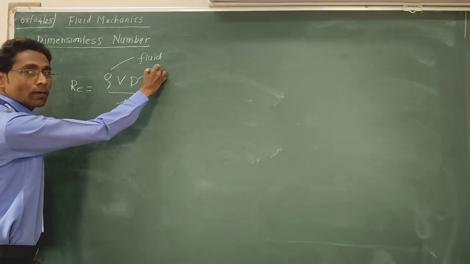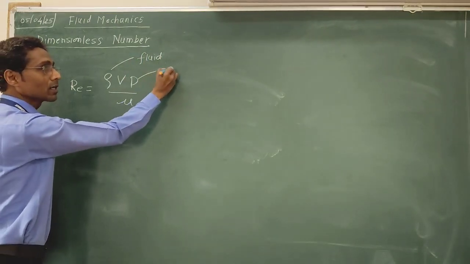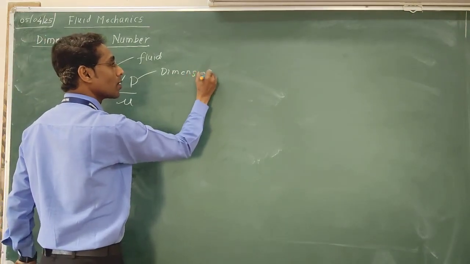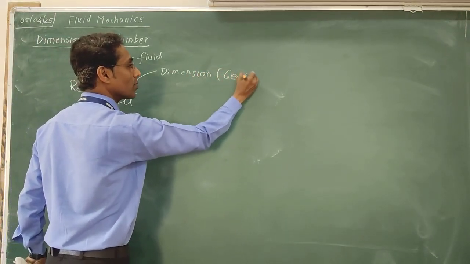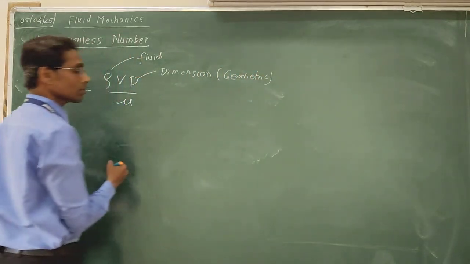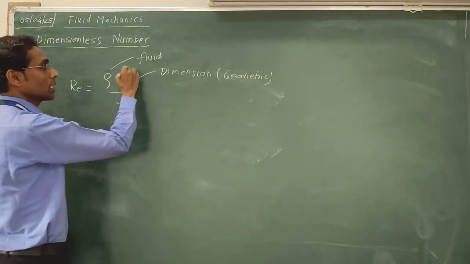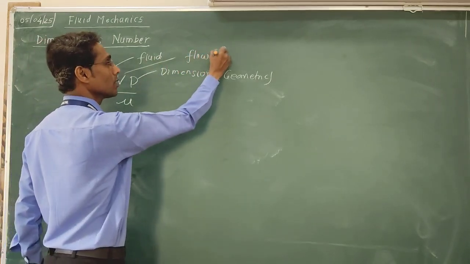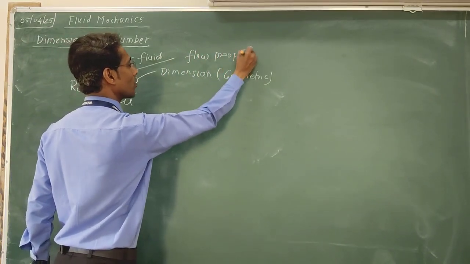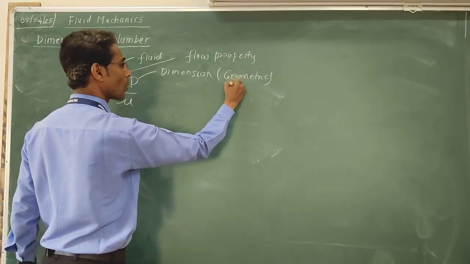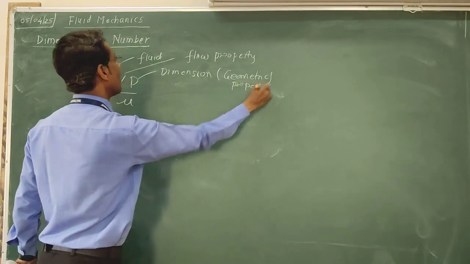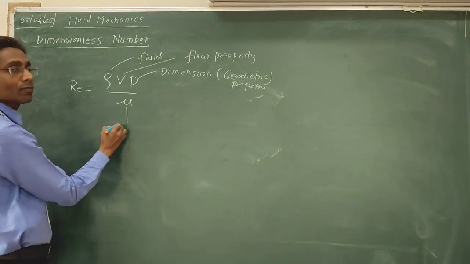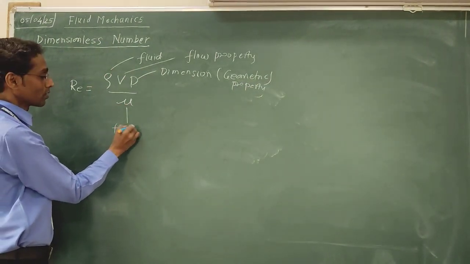This property is the geometric property. This property gives information about speed. This is the flow property. Rho and mu both are fluid properties.